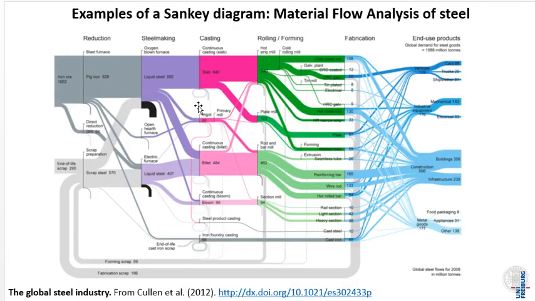A good example is here, work from John Cullen in Cambridge, where you can see a snapshot of the global steel cycle with the primary production on the upper left side, the recycling on the lower left side, and then you can see how the mass flows of steel trickle into different products of steel, the different rolled and formed products, and how these on the right side finally are transformed into consumer goods.